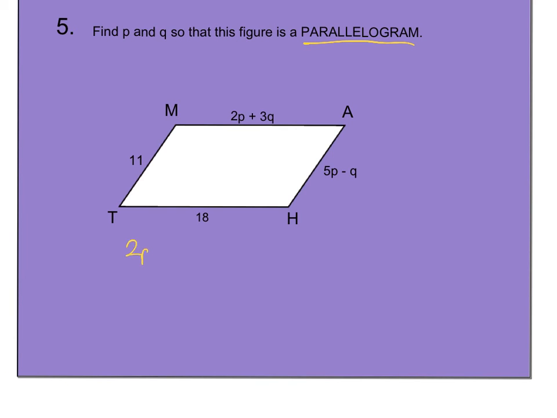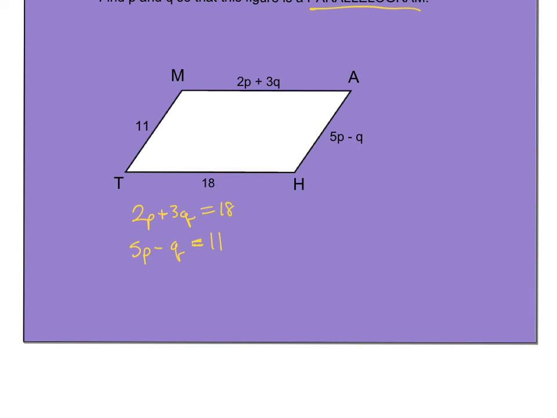So that means 2p plus 3q equals 18, and 5p minus q equals 11. Okay, so now as I look at these, I could do either one. You see you have a negative q there. Technically, there's nothing in front of that q. I could manipulate some things around and do substitution.